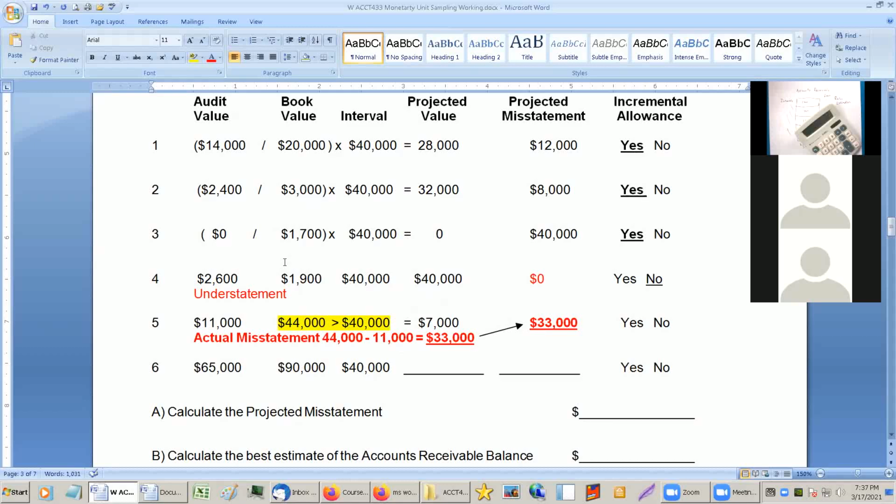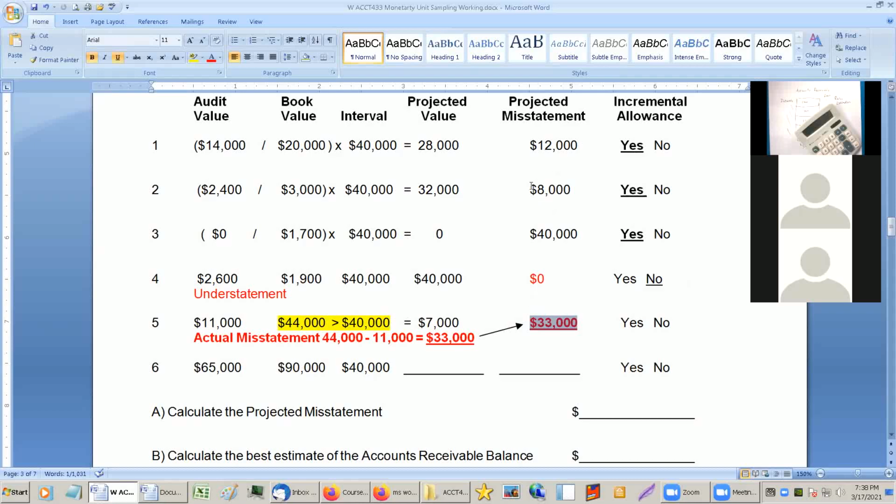The projected would be a reduction of the misstatement rather than projecting it over a larger sample. So if it is bigger than the interval, you simply take the actual misstatement. It's going to be higher, and you're doing it because it actually is misstated by 33,000. That's an actual misstatement. It's not a projected misstatement.